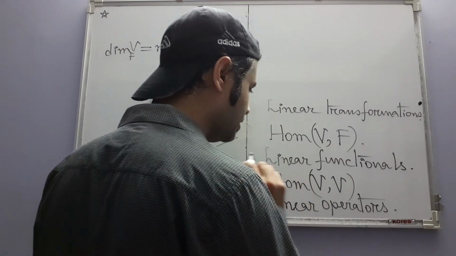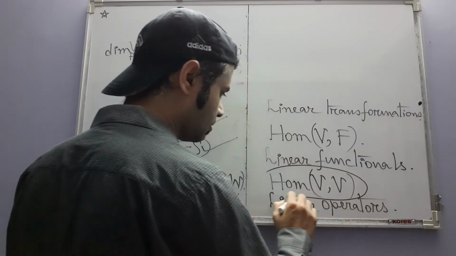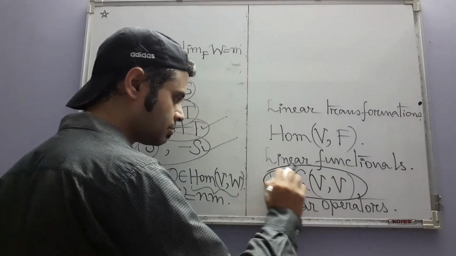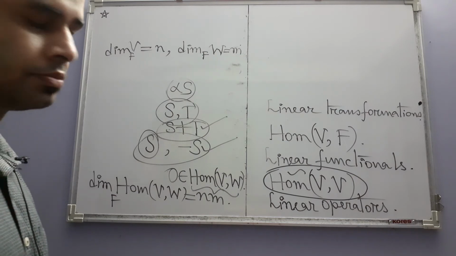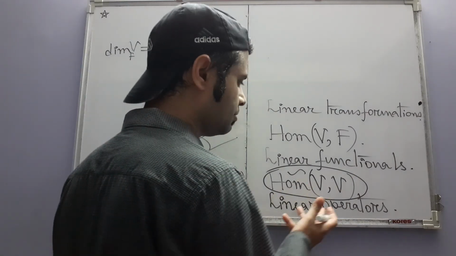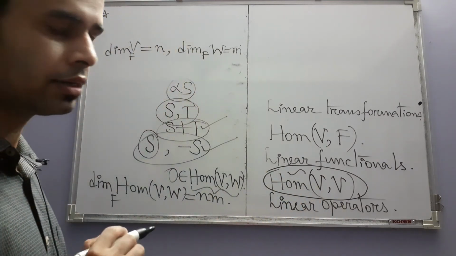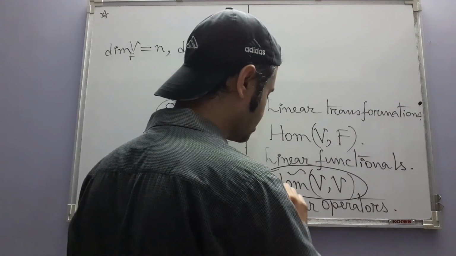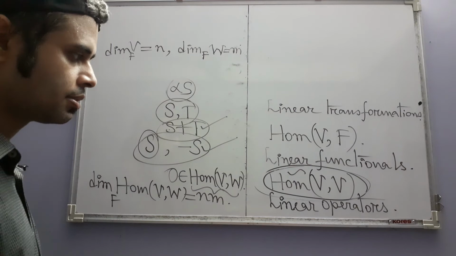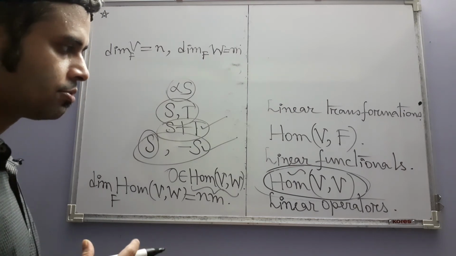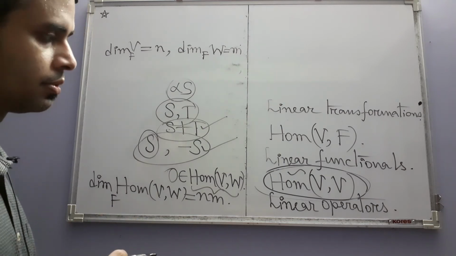Now, when V is finite dimensional, then the study of this space is your linear algebra. Of course, you can also consider this space when V is infinite dimensional, but then this space usually is so large that in some sense it's not very suitable to study using only algebra.